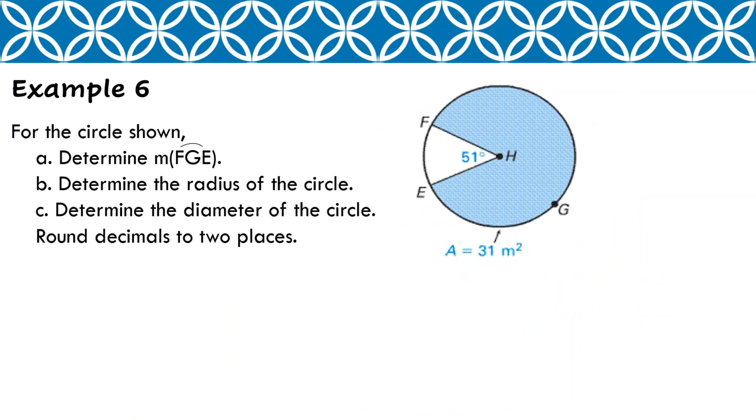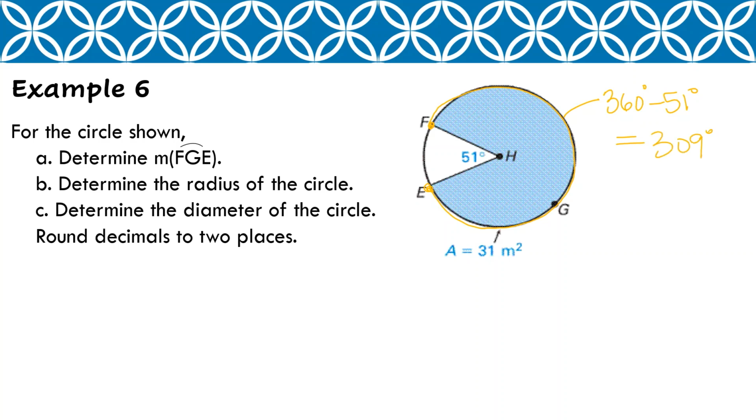Lots of parts. Starting with, for the circle shown, determine the measure of arc FGE. That is this arc measure, which would be the entire circle less 51 degrees, or 309 degrees.